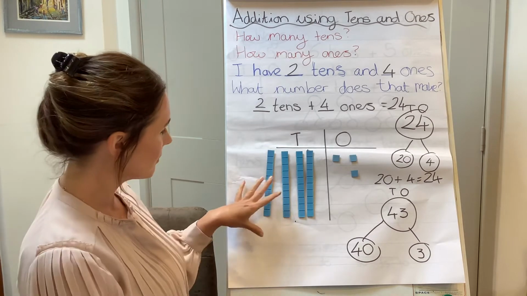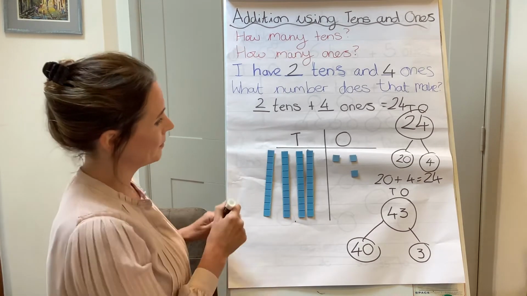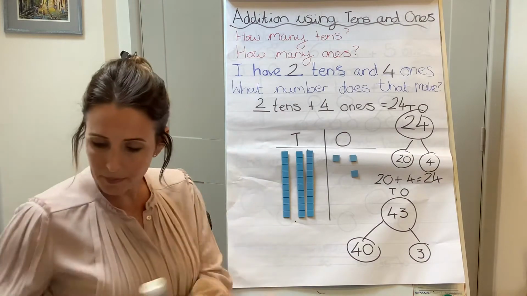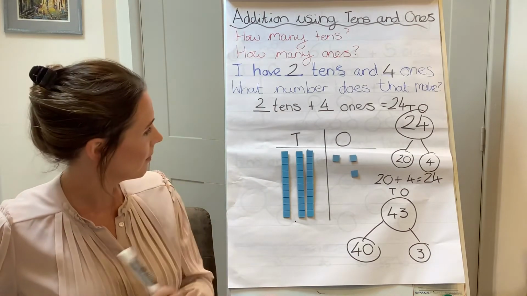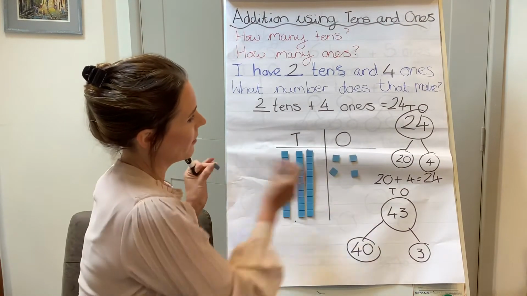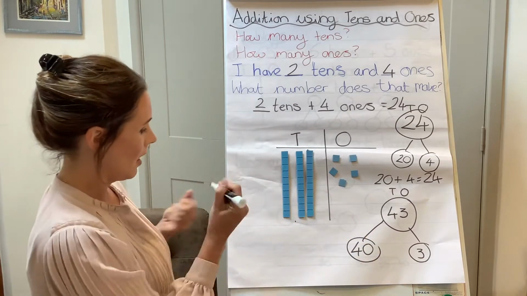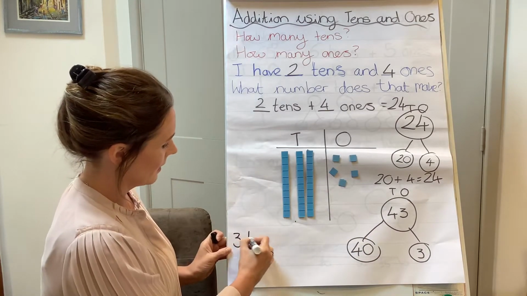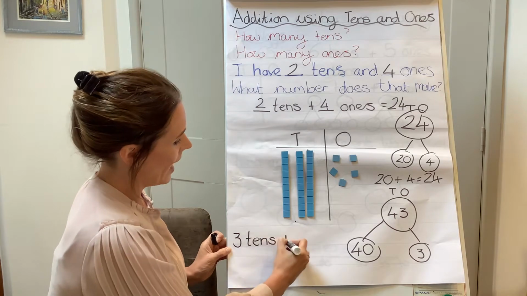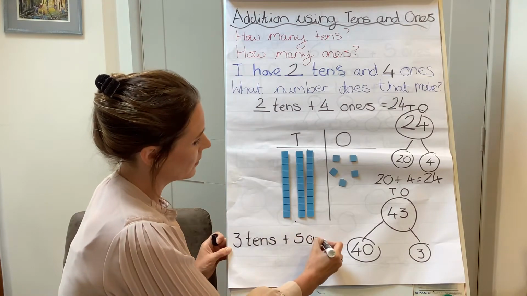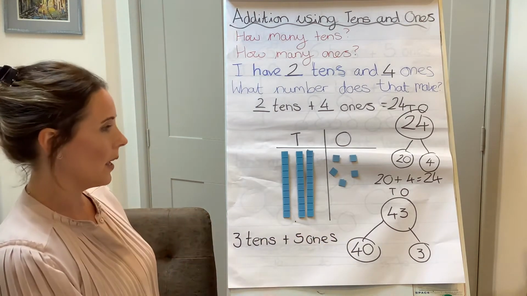Okay. Let's try a different one. So if you add together 3 tens and 5 ones, what will you have?